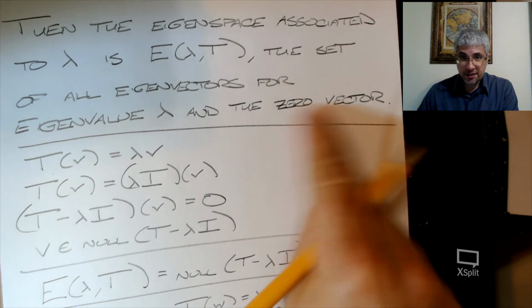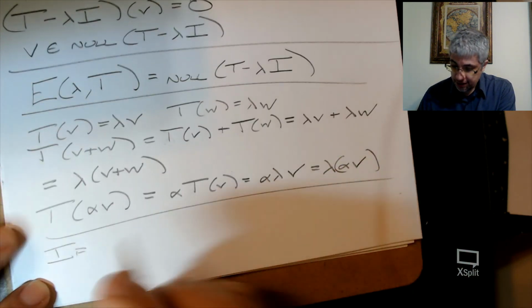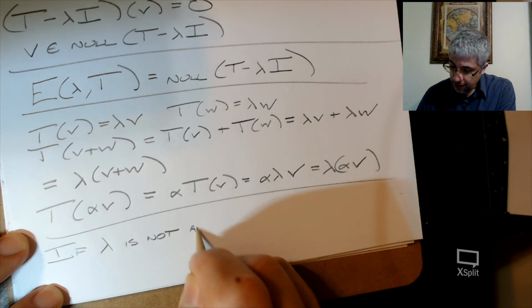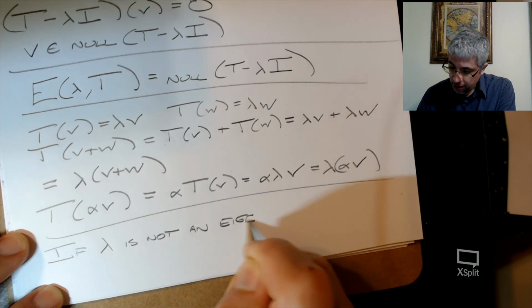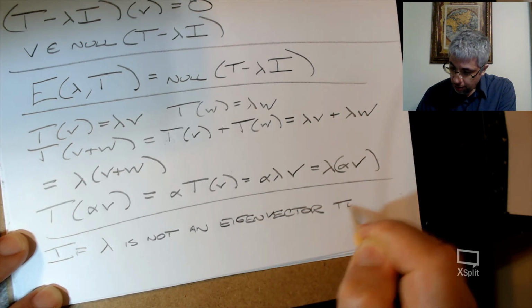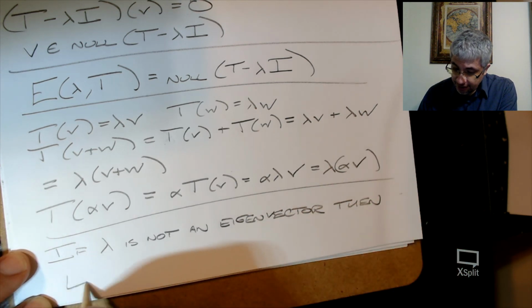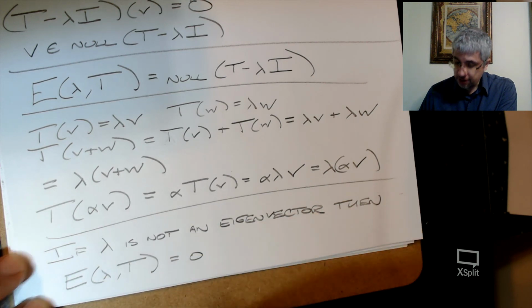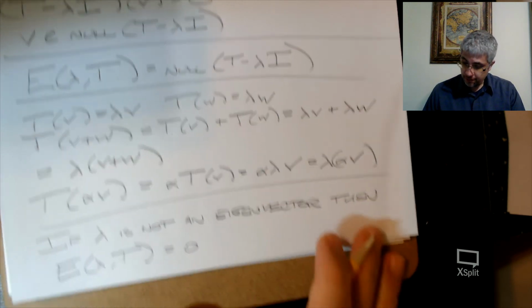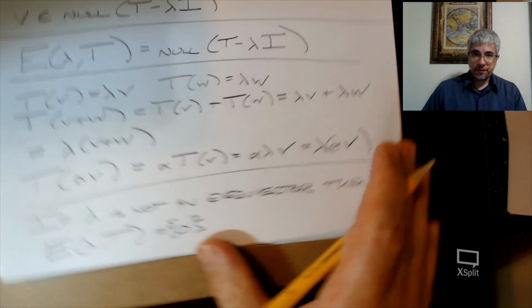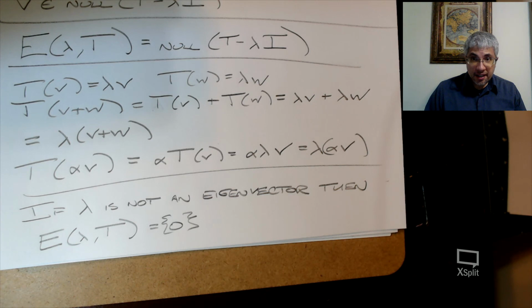Just this part here. So if lambda is not an eigenvalue, then this still exists. It's just equal to the set of just the 0 vector. So we can still take the eigenspace, we just get the 0 vector.